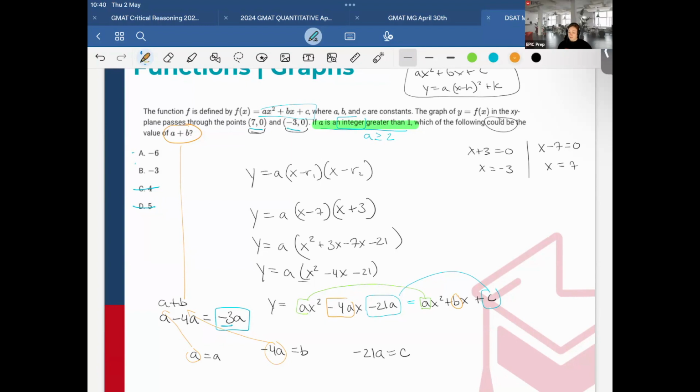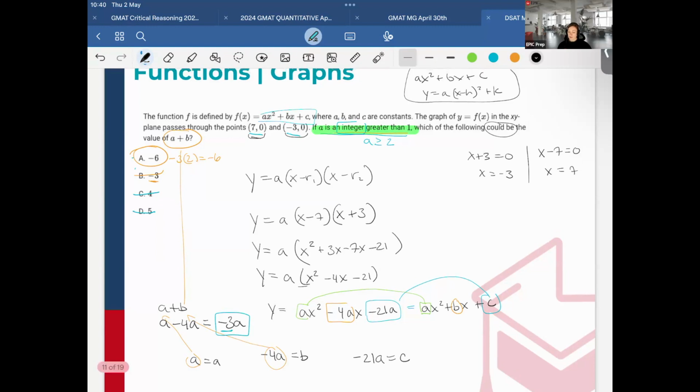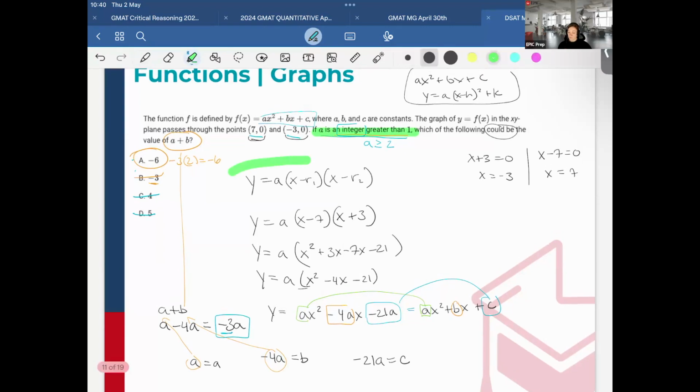And from here, a possible value could be negative 3 times 2, because that would be -6. It can't be this one, because that would be -3 times 1, and it says a is greater than 1. So therefore, it must be -6.